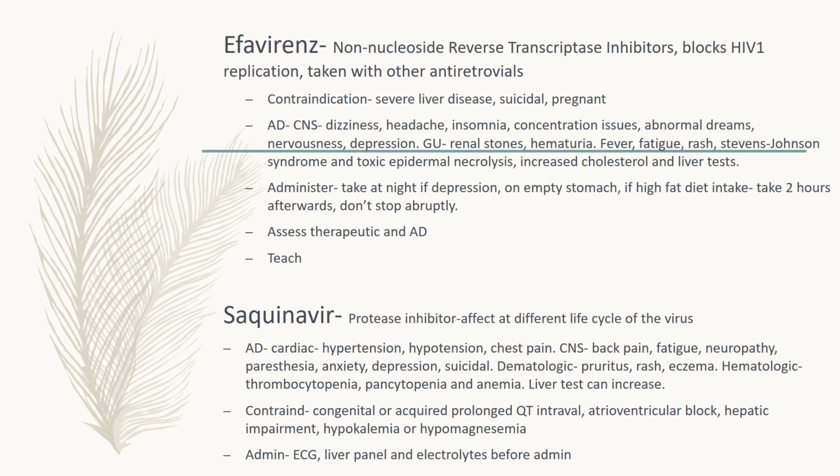Obviously, we're going to have to do some work before the patients are started on this, such as an EKG, liver test, and electrolytes. And of course, with administration, we want to monitor for side effects, with an EKG, liver panel, and electrolytes.